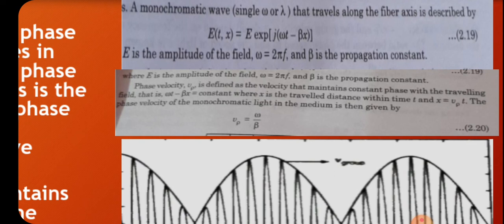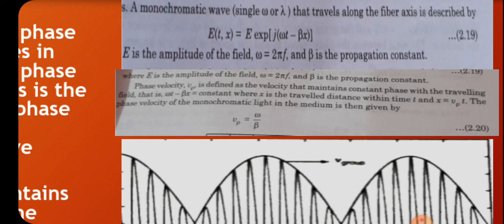That is, in the equation omega t minus beta x is constant, that means its phase is constant, and in that equation x is the traveled distance, calculated within time. So the travel distance can be written as x is equal to Vp into t, and the phase velocity of the monochromatic light in the medium is given by Vp equal to omega divided by beta.